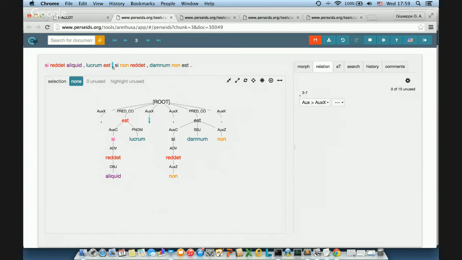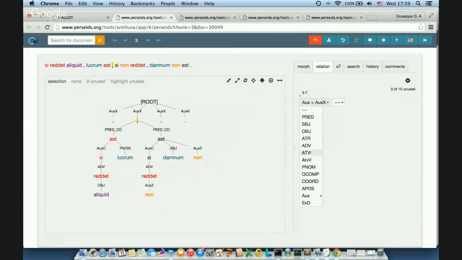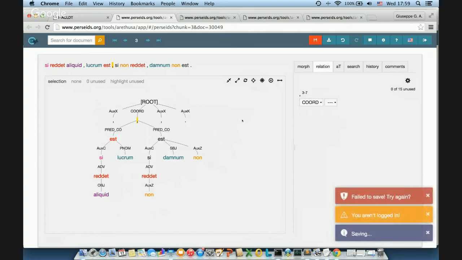But in this case, we don't have an explicit coordinator, but we can use the comma with this function. So we could end up with this structure where the comma has the function of a coordinator, okay?